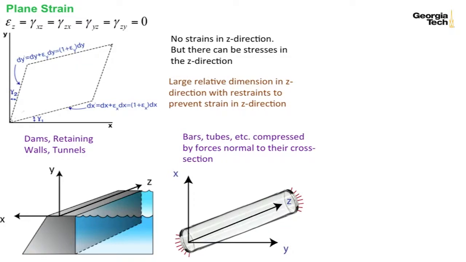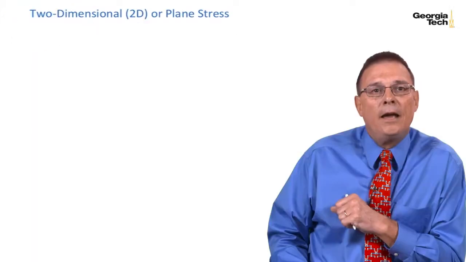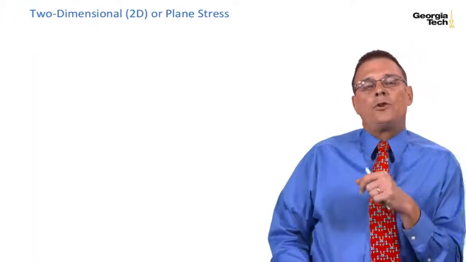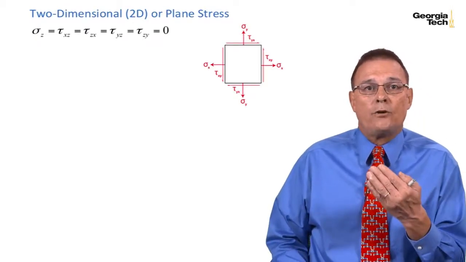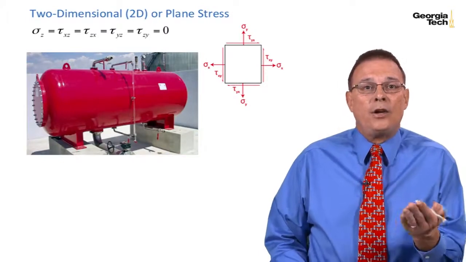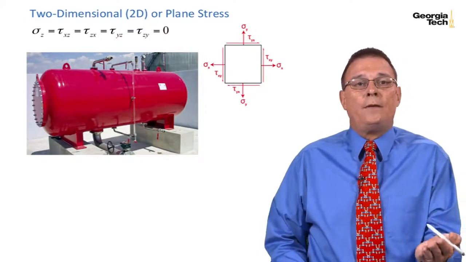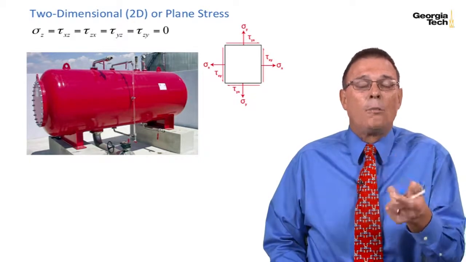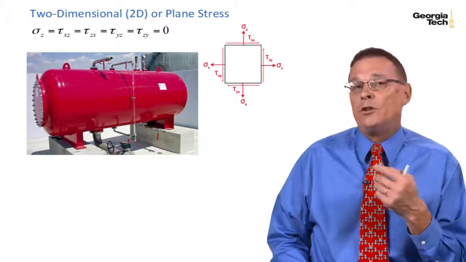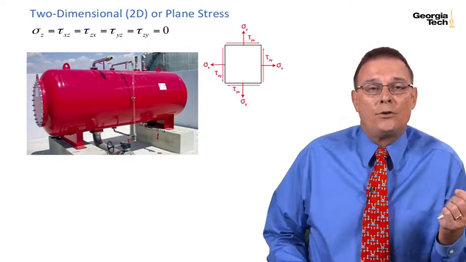So knowing this review of plane stress and plane strain, what do you think we'll use to analyze? Which of those would be best to analyze thin-walled pressure vessels? And what you should come up with is two-dimensional, or plane stress. The reason for that is if we look at a pressure vessel, on the outside surface, if we call the normal to the outside surface the z direction, there are no stresses on that outside surface.